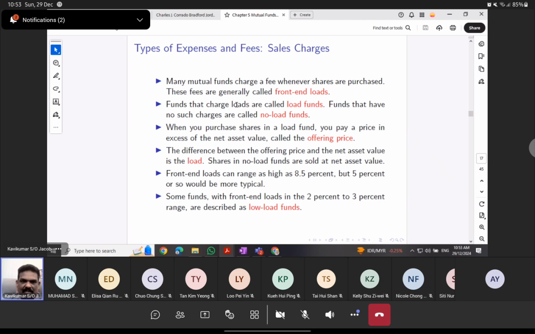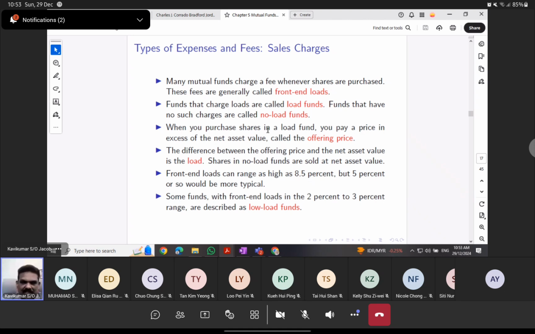Funds that charge loads are called what? Load funds. Any fund that is chargeable is called a load fund. Any fund with no charges is a no-load fund.